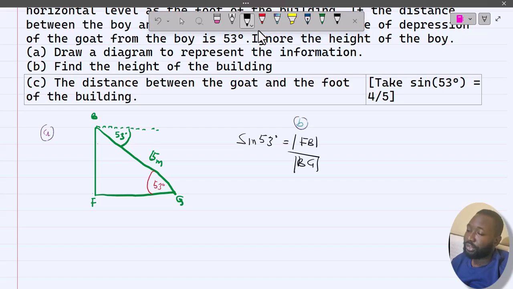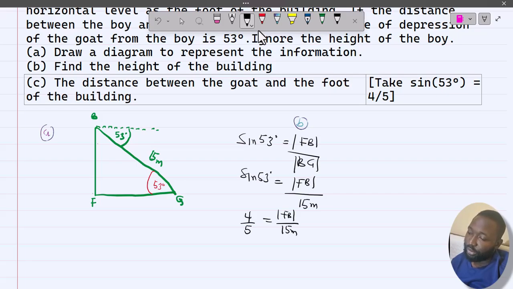So here let's fix in the values. Sine 53 degrees is giving us 4 on 5, and the opposite is FB. The hypotenuse becomes 15. So we switch in the values. We have 4 on 5 is equal to FB all over 15 meters.